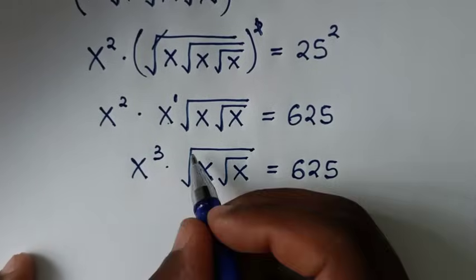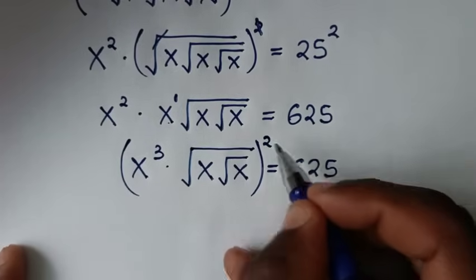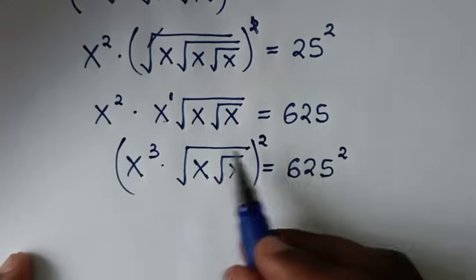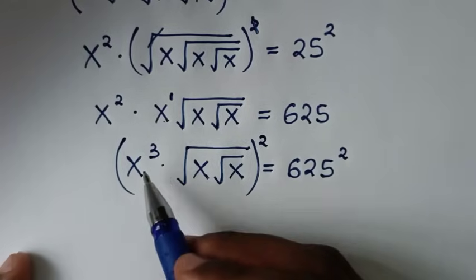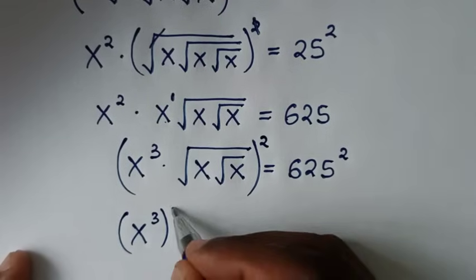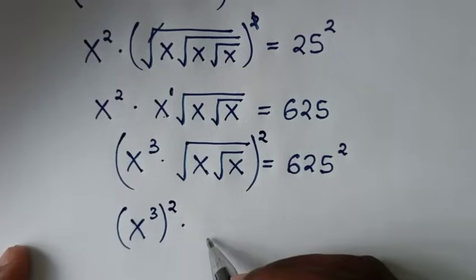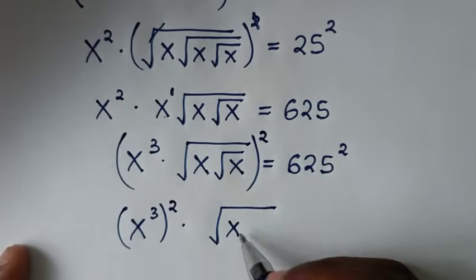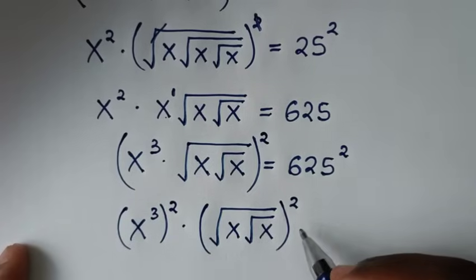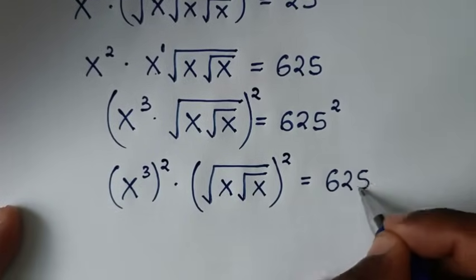Then in the next step, to remove this square root here, we'll apply square again on both sides. So we'll take this square inside the bracket, so it will be x power of 3 bracket squared times this square, so it will be the square root of x and a square root of x then bracket squared is equal to 625 squared.